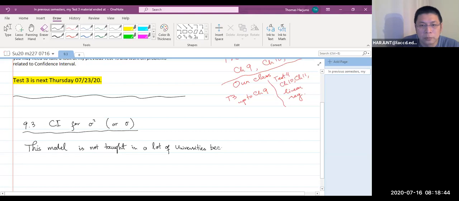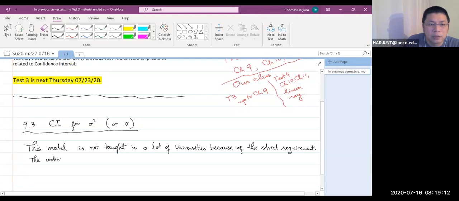Because of the strict requirements needed, and that is that the underlying population from which we select the sample needs to be normally distributed.